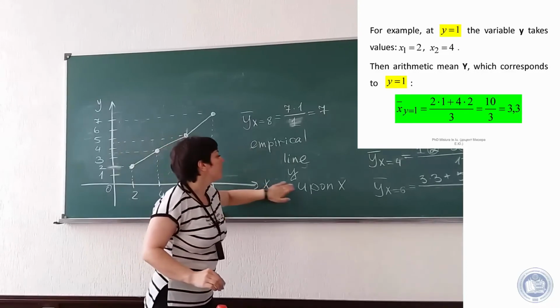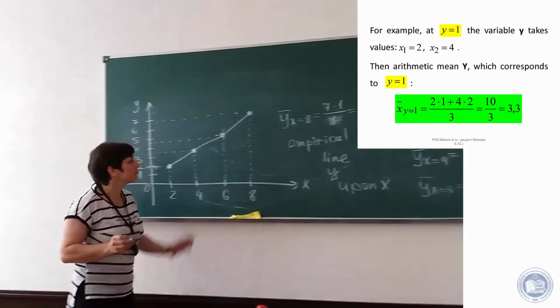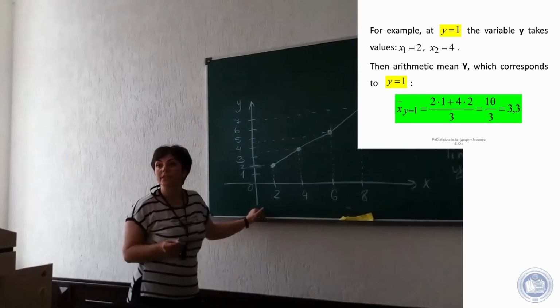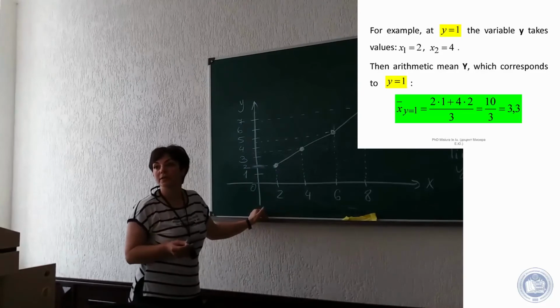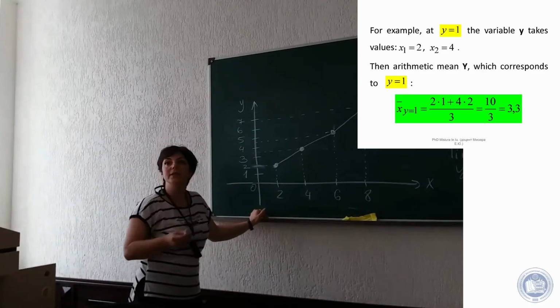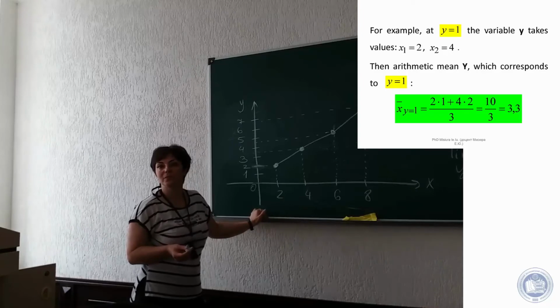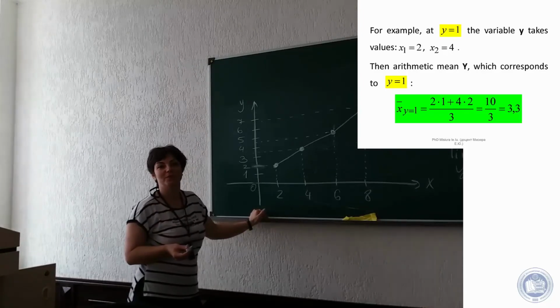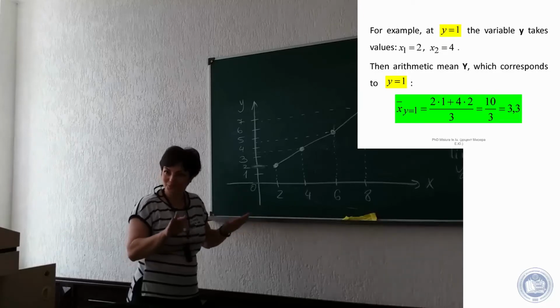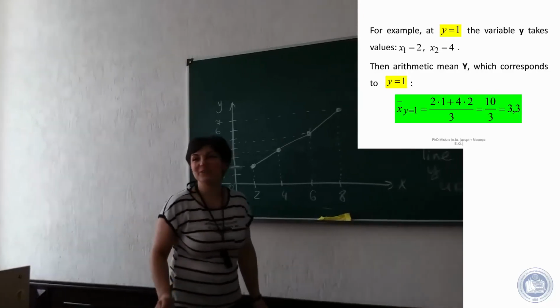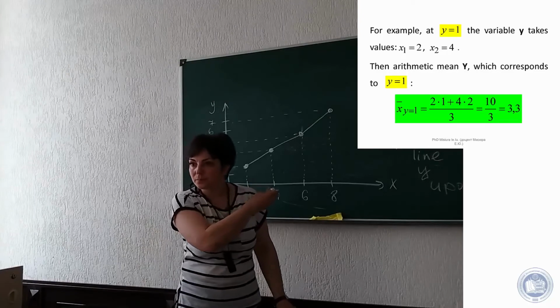Empirical line y upon x, то есть y на x. Okay, let's look at this picture and call dependence. Is it straight line or not? Ну, а ближе на какую похоже? 50 by 50, okay. Is all clear?